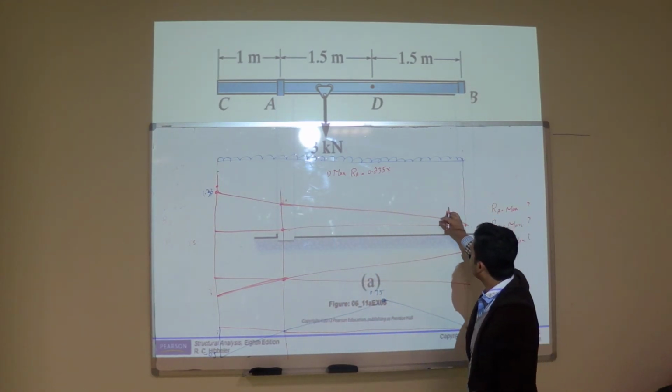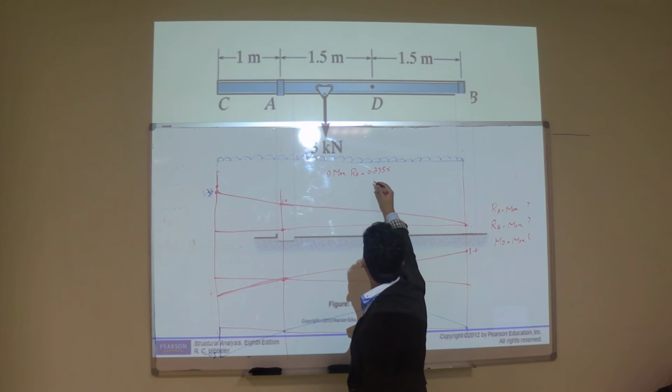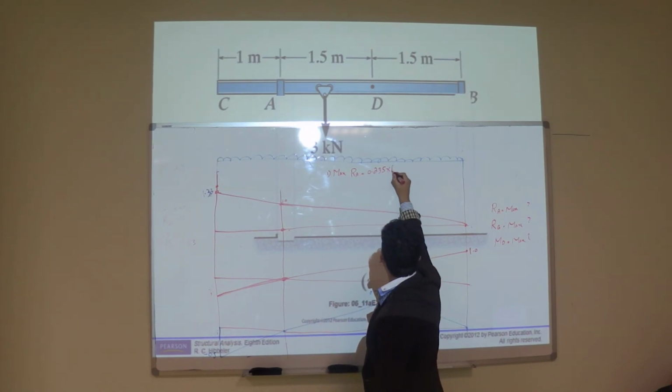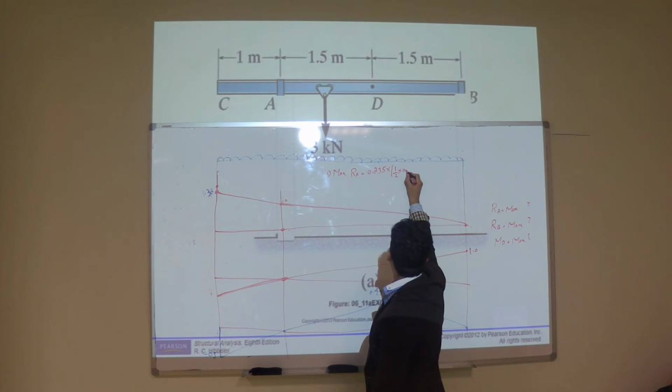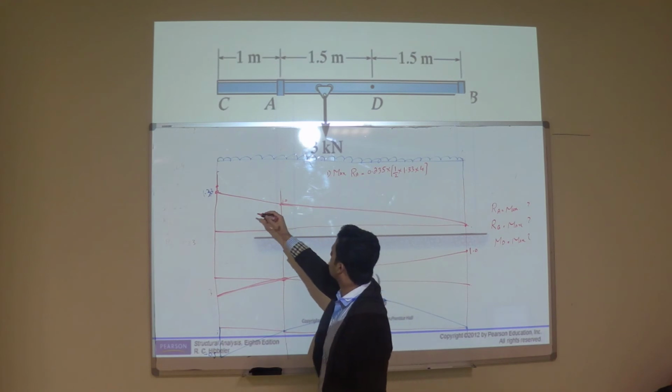So the total area of RA diagram is 2.66 multiplied by 4.